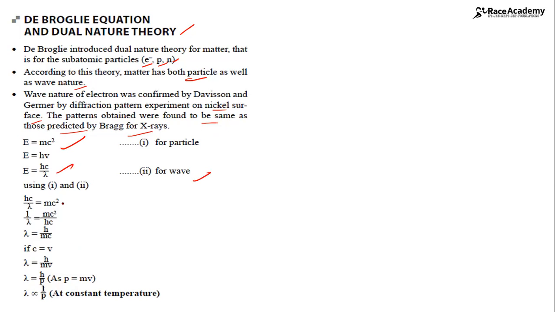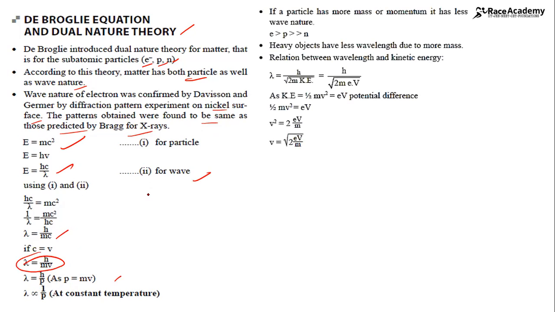Both are equal, and after equating you get lambda equal to h by mc. Considering the velocity is v, it becomes lambda equal to h by mv. That product of mass and velocity is called P, that is momentum, and P can also be written as m into v.